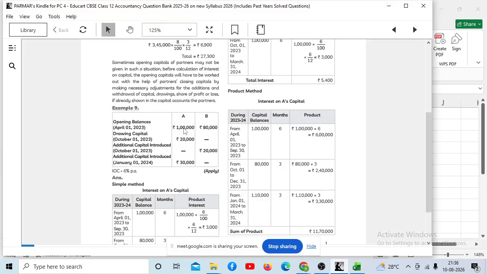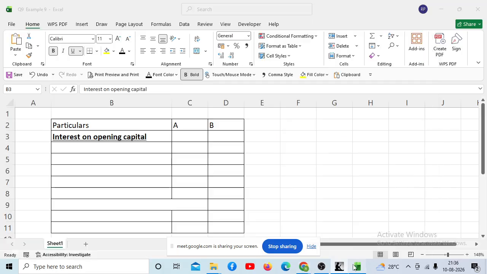See, opening capital for A is 1 lakh and for B is 80,000, and the interest rate is 6%, right? So on 1 lakh, calculate 6%. What will be the answer? 6,000. So write in A's column 6,000.